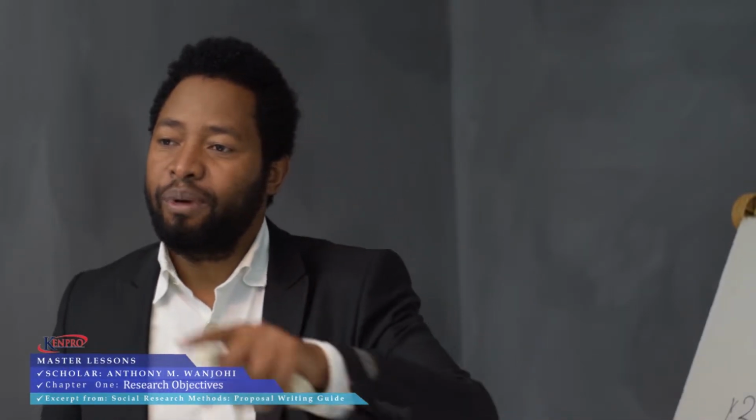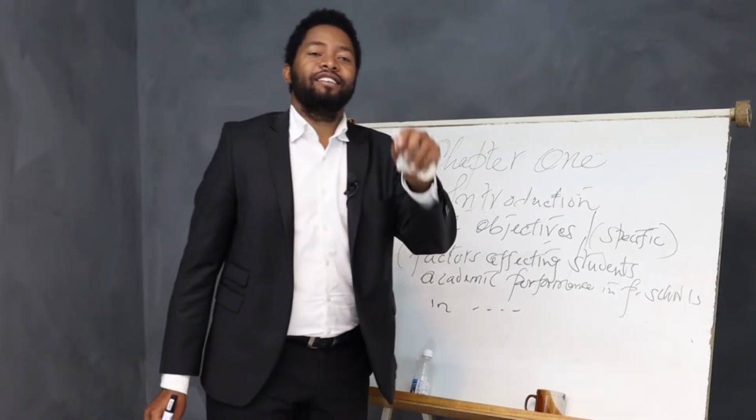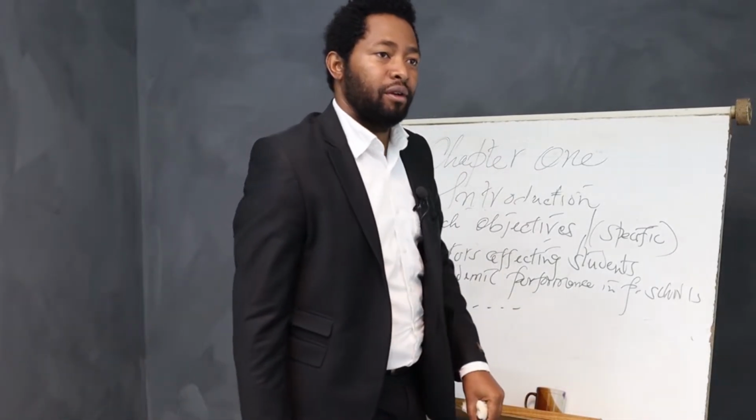When you look at a topic of this nature, you ask yourself, what is the general research question from here, so that you arrive at your parameters. You ask yourself the general research question: what are the factors affecting students' academic performance? What are the factors? That's the general question.